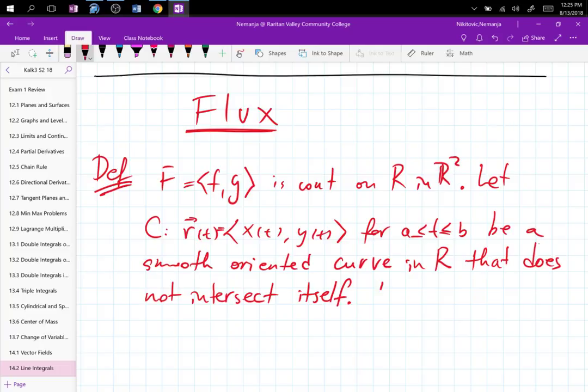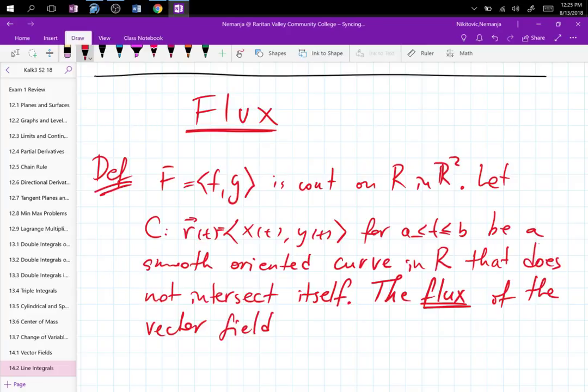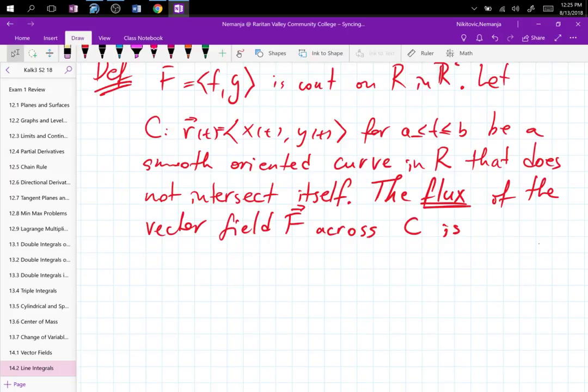So the flux of the vector field F across C is, and here is the normal vector, F dotted with the normal vector N, ds.